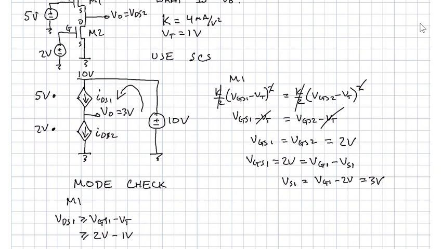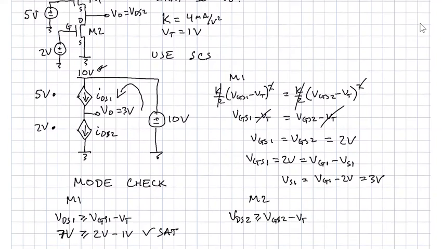The voltage at the drain for M1 is equal to 10 volts. So we have 10 minus 3, we have 7 volts. And so lo and behold, that's a check. This is in saturation.